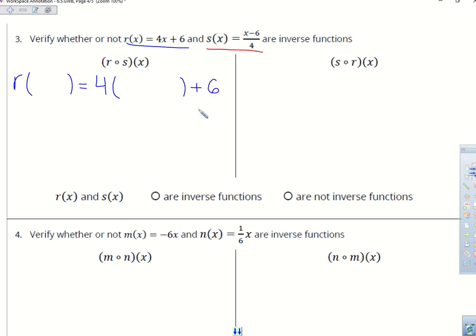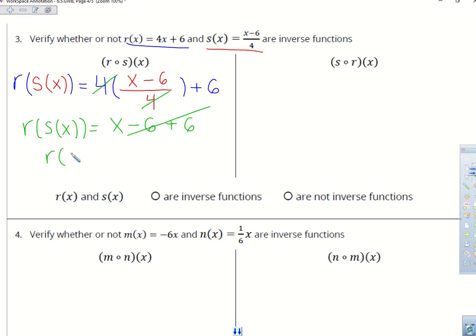In that other function, I'm going to plug the s of x function in, just like this. Now, what's going to happen to the 4's here? They're going to cancel out, and that's going to leave me with r of s of x is equal to x minus 6 plus 6. These cancel out, and it just comes out to be x.